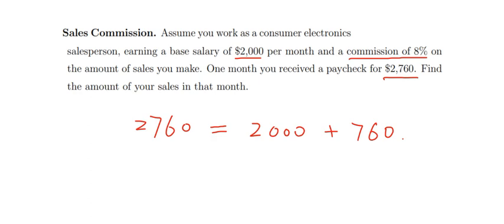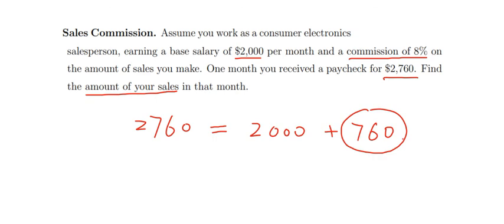Okay. So the question is, what are your sales? The amount of sales. If you wanted to get this much, what sales do you have to make? Your commission is 8%.